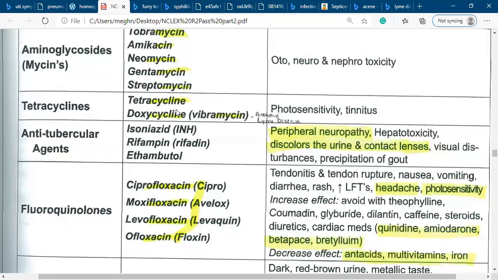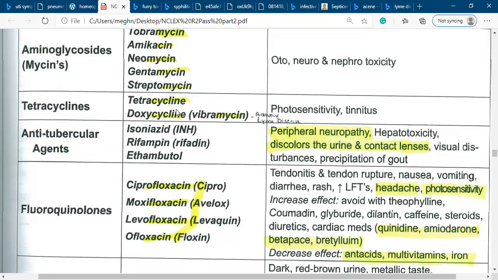It also decreases the effectiveness of oral contraceptives. So if any woman takes oral contraceptive pills, you have to make sure to tell them that tetracycline reduces the effectiveness of oral contraceptives. Also, dairy products such as milk, or food high in calcium, and antacids decrease the absorption of tetracycline.